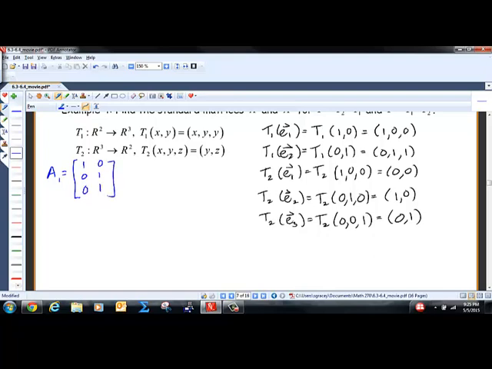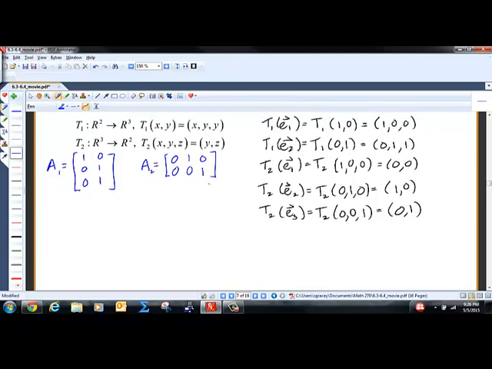Are we good? And then A2 is going to be, this time, (0, 1, 0) and (0, 0, 1). And now let's look at these compositions. So that's our setup work.